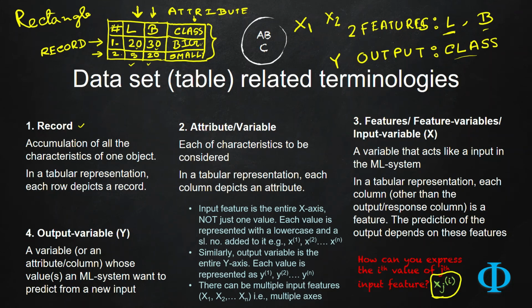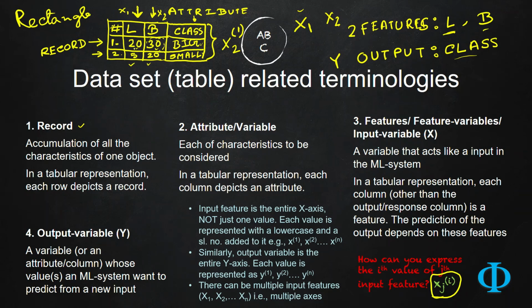For example, let's say this L I am assuming as x1 as I noted here, and B is my x2. If I just want to depict this 30, what should it be? It should be something like x2, the feature number 2, and it is the first record, so that is 1 over here.